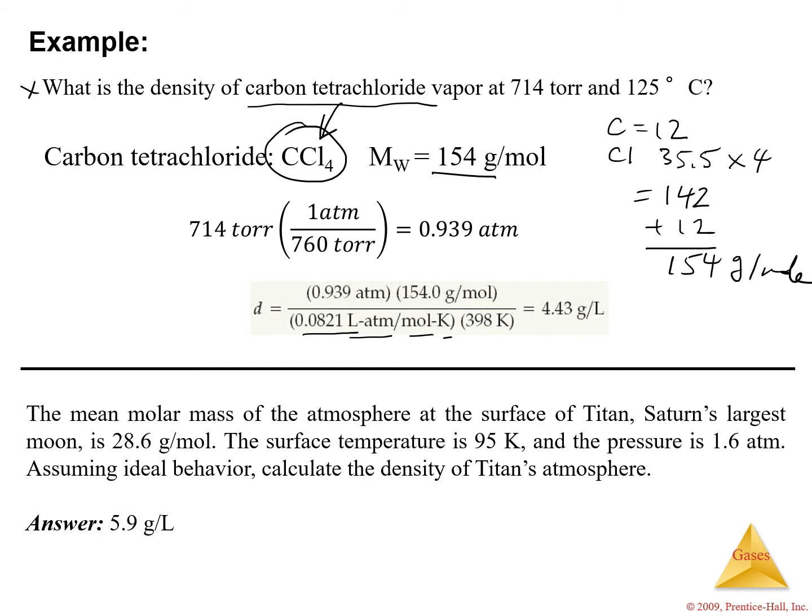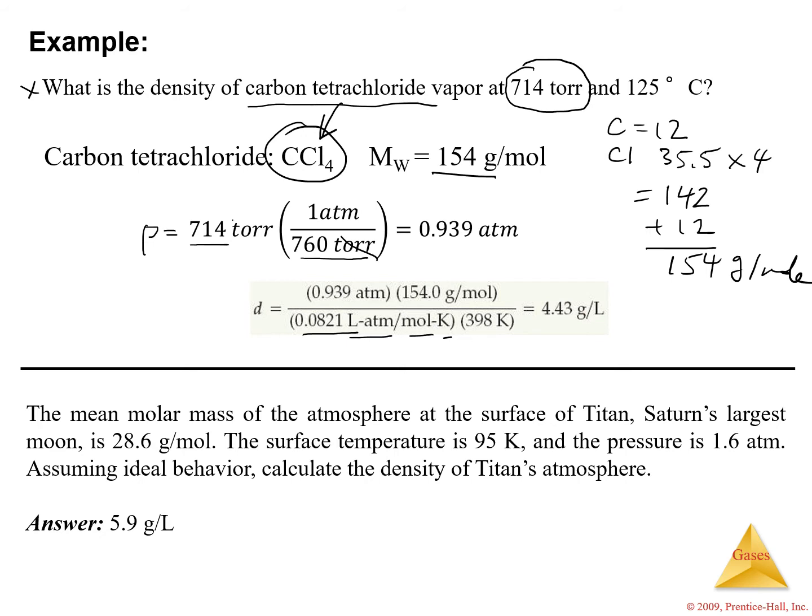To be able to use this constant, we see that the pressure given to us is in units of torr, not atmospheres as the R constant value would suggest. So the next step is to convert the pressure to atmospheres so we can numerically plug it into the equation. 714 torr, we convert to atmospheres, recognizing that 1 atmosphere is equal to 760 torr.